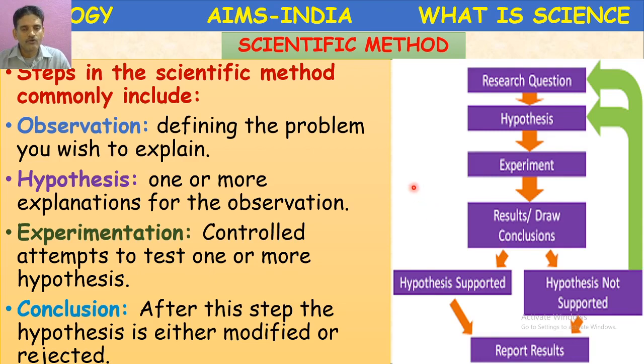Okay. So whenever a project work is given by your teacher, first you have to observe and ask a question. Children, you have to ask a question. Use your senses or vision. Visualize and make observations.